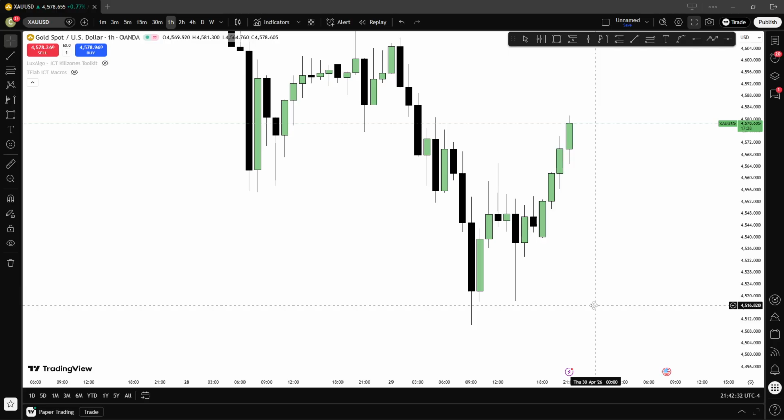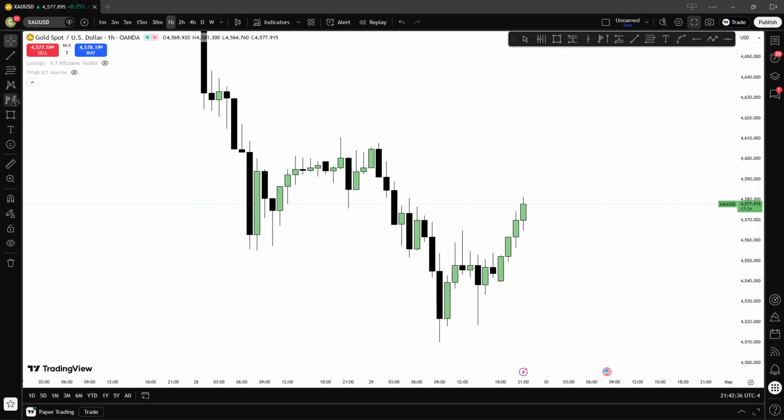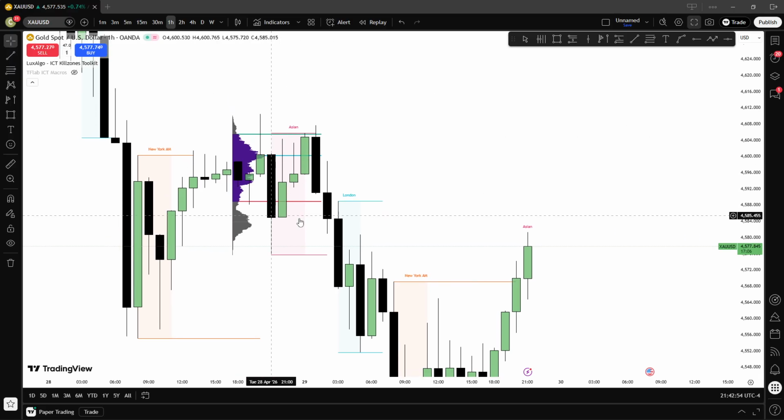So let's begin. Without further ado, let's draw the volume profile from the start of the day, which is 6 p.m. Eastern time. I waited for the Asia session to complete so I can trade.